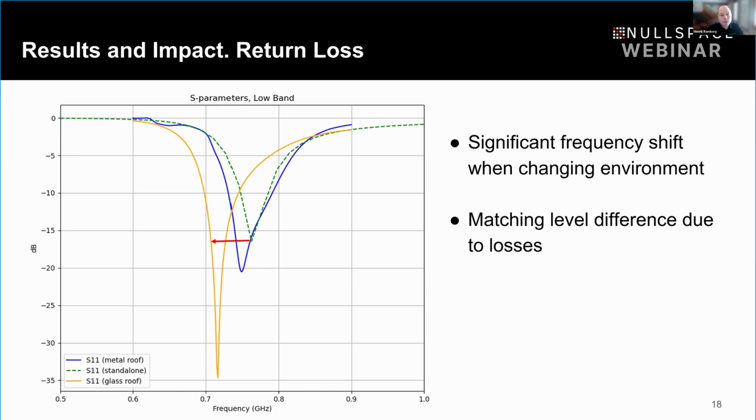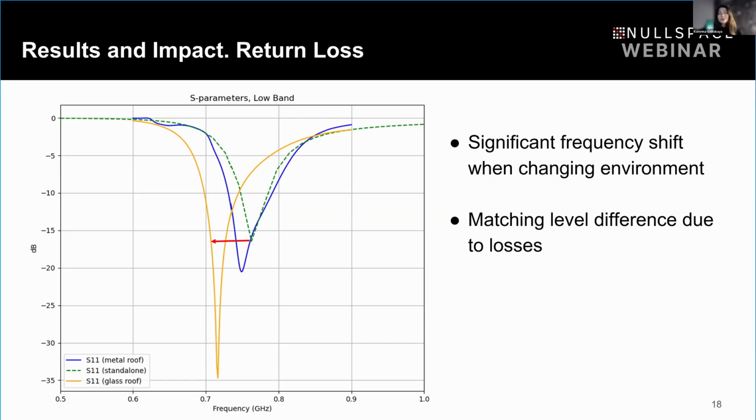The PIFA antenna has a pretty active chassis mode for the low band, which means that the ground plane sitting below the PIFA has a lot of currents. And the performance that we're looking at here is going to be pretty dependent on how much offset you have between the car roof and the PIFA antenna. So in this example, we had about 10 millimeter offset. We got these results, but if that shifts a little bit up and down, that's also going to change how much frequency shift you would get.